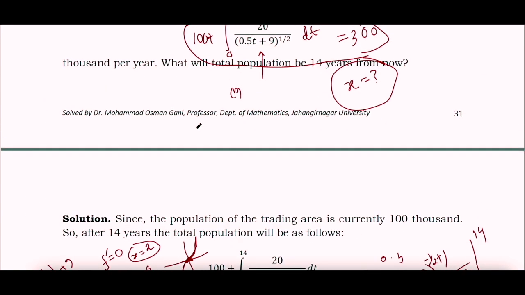Yes, sir. So the SIP is not very important for you. What is important for you is the maximum point, minimum point and inflection point. At the maximum point, first derivative 0, second derivative negative. At the minimum point, first derivative 0, second derivative positive. At the inflection point, second derivative 0, third derivative not 0. Okay?